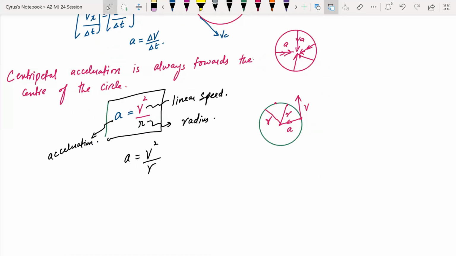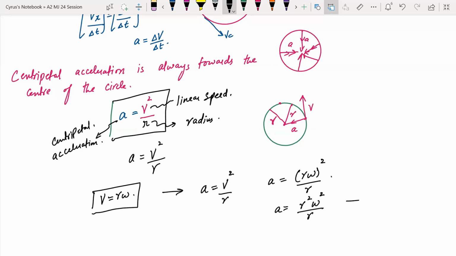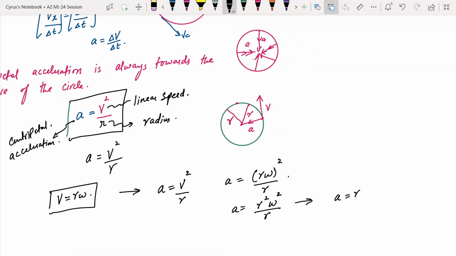There's another formula for the centripetal acceleration. Since you know that V is equal to R omega, we can put this expression in V square over R, and this becomes R omega whole square over R, and this becomes R square omega square over R, and this becomes R omega square.